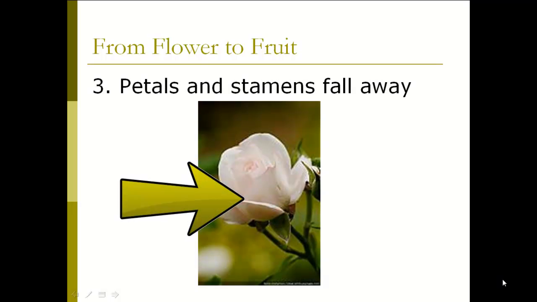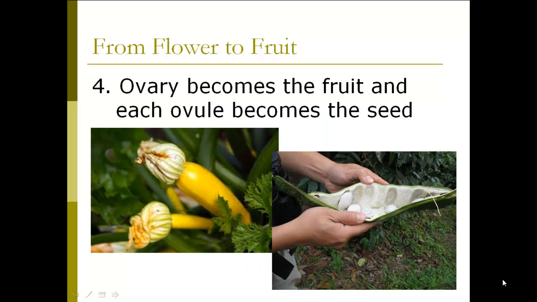The petals and stamens fall away from the plant. The ovary becomes the fruit, like the zucchini shown here, and each ovule becomes a seed. You can see the seeds inside the fruit the person is holding in the picture.